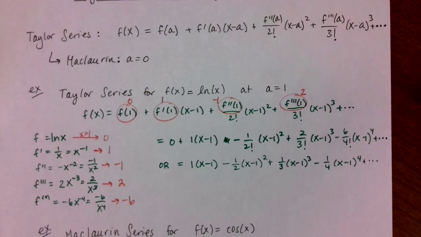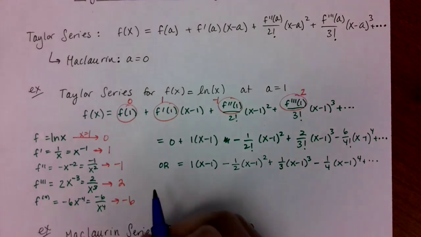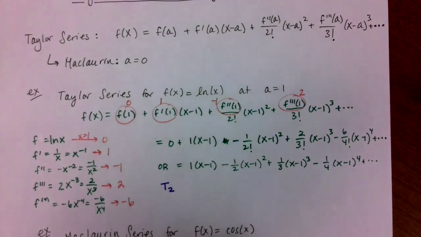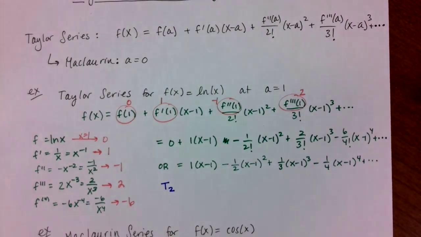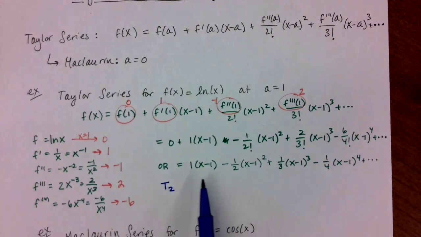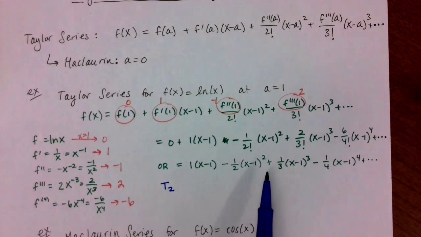And we can also do spin-off examples related to Taylor polynomials. So Taylor polynomials are just the partial sums of a Taylor series. So if, for example, we were asked for the degree 2 Taylor polynomial for this function at this center, which we often call T2, I'm just going to take the terms of this series up until the degree 2 term, right?